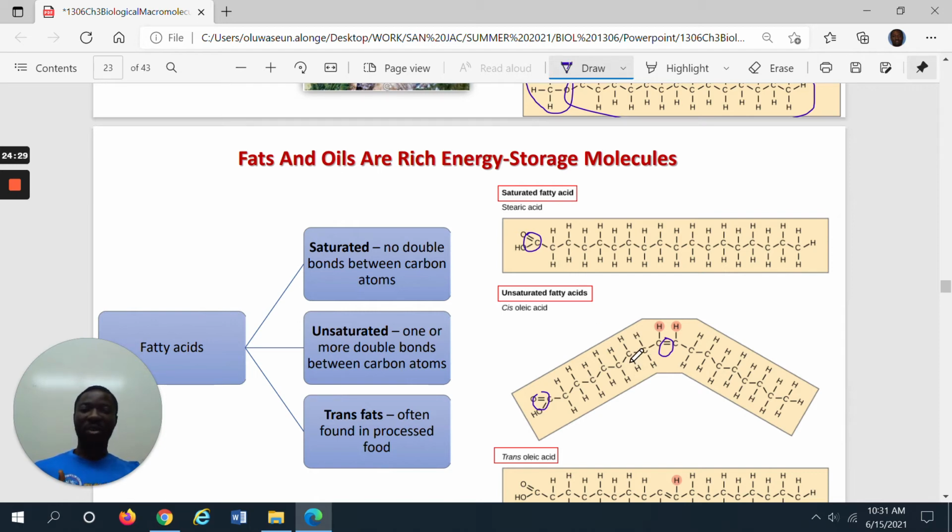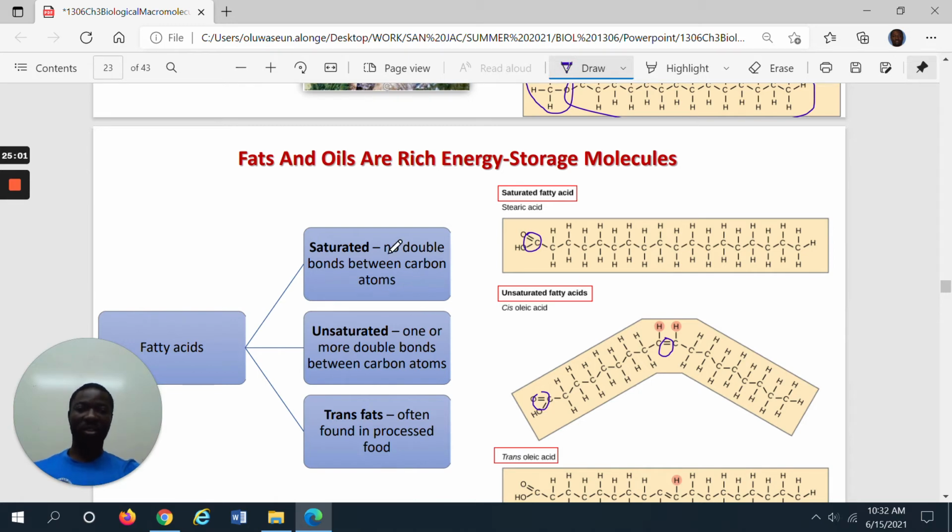The more double bonds you have, the less saturated the molecule becomes. And it doesn't apply to fat alone, it applies to every molecule. More double bond, less saturation. So if there's a compound that doesn't have a double bond at all, it's going to be more saturated, but the one that has double bonds is going to be less saturated.